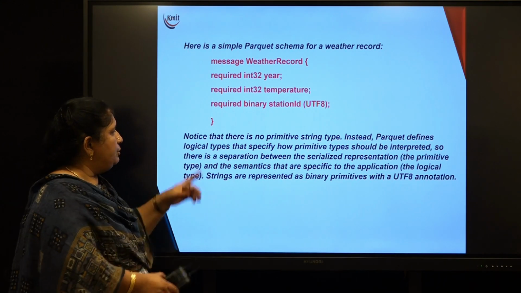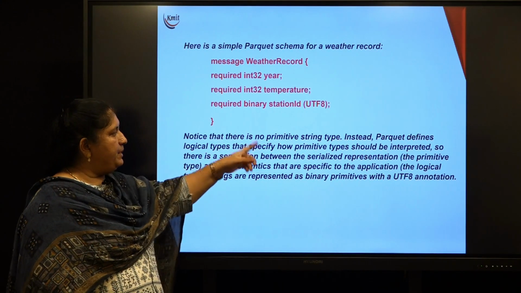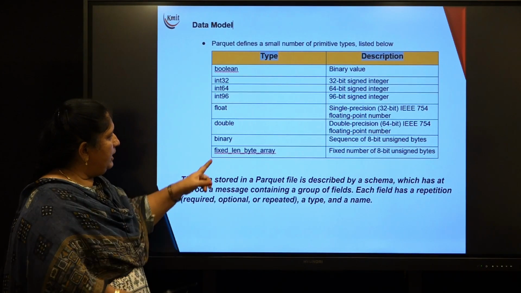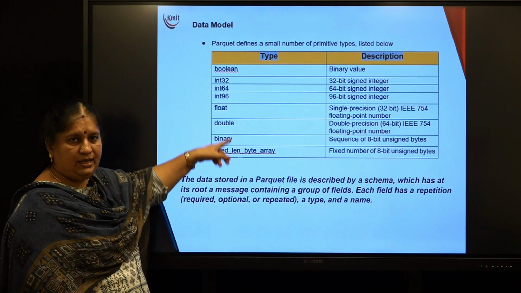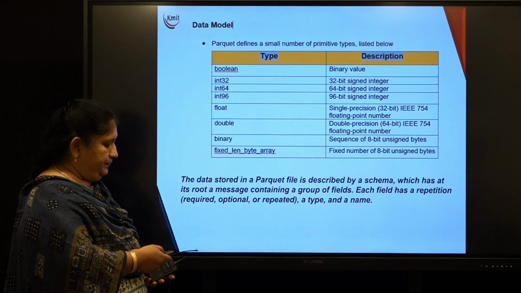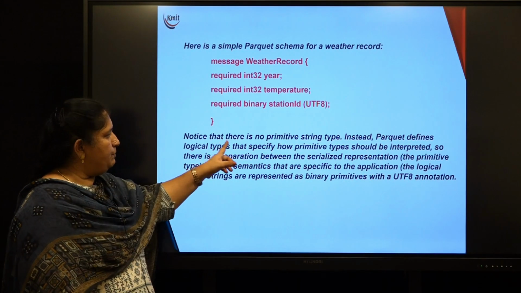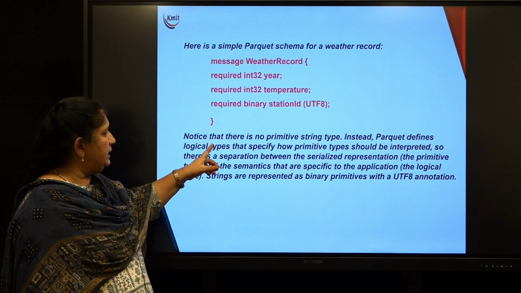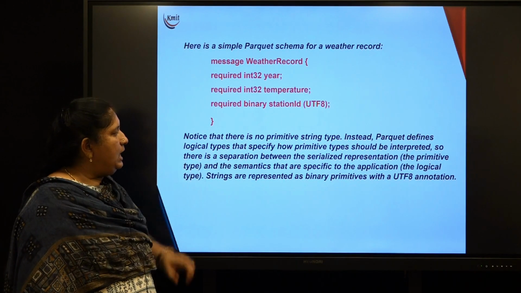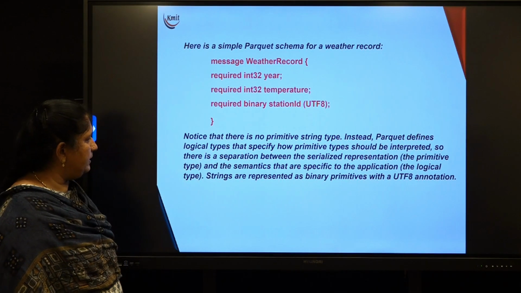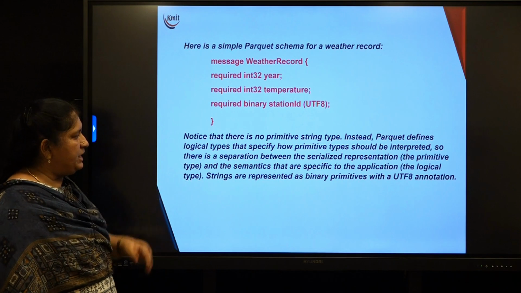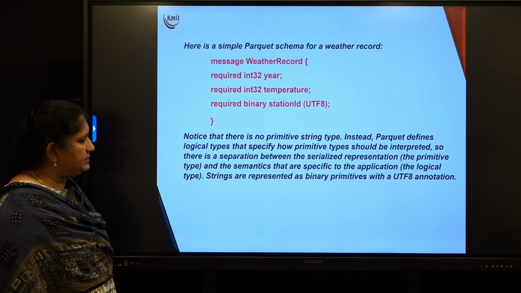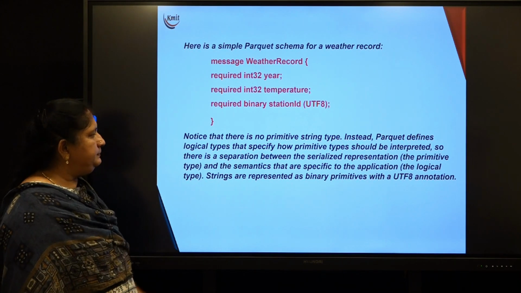And notice that there is no primitive string type. If you see the data types, do I have any string data type here? No. So notice that there is no primitive string type. Instead, Parquet defines logical types that specify how primitive types should be interpreted. So there is a separation between the serialized representations and the semantics that are specific to the application.